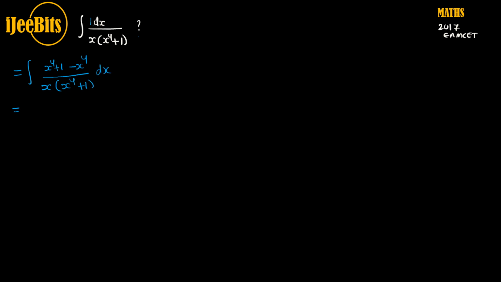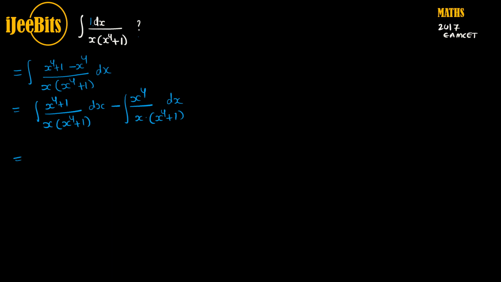Now I can split it. Integration of x to the power 4 plus 1 divided by x into x to the power 4 plus 1. Agree? Right. Minus, how do you write this one? X to the power 4 by x into x to the power 4 plus 1 dx. Now it looks easy.